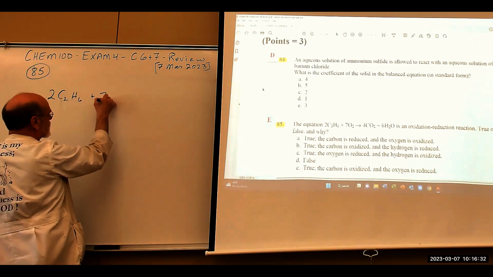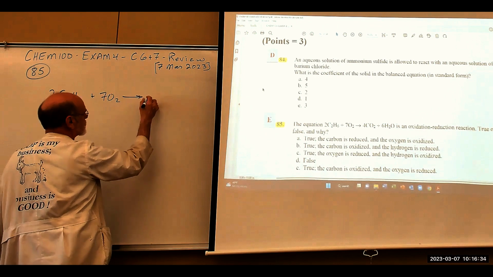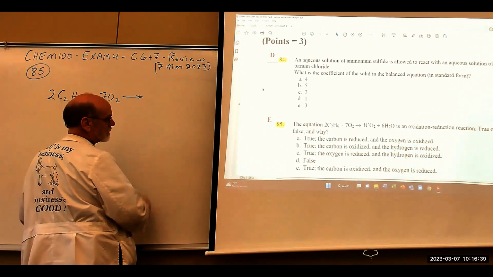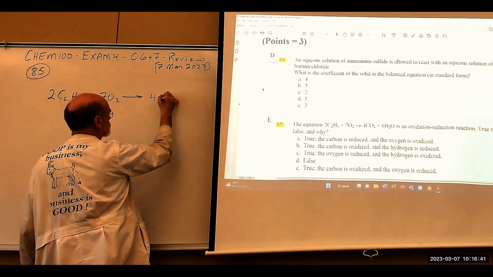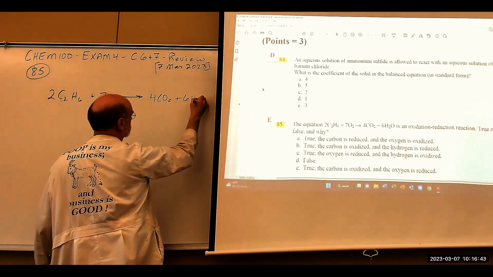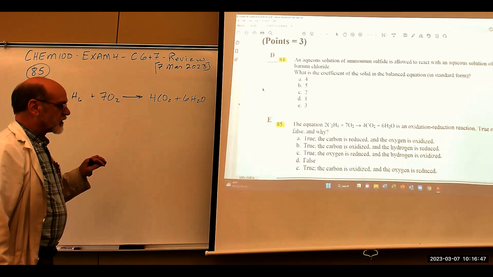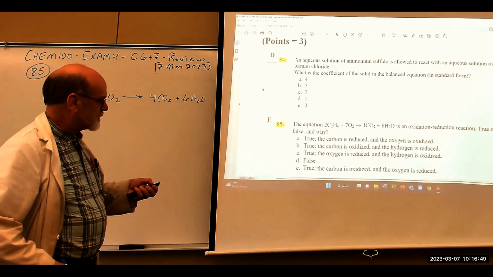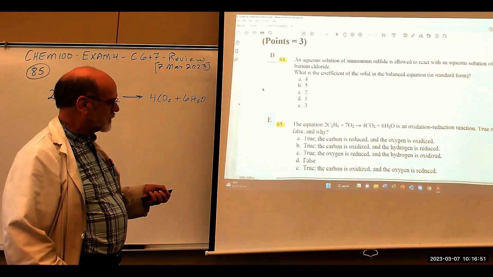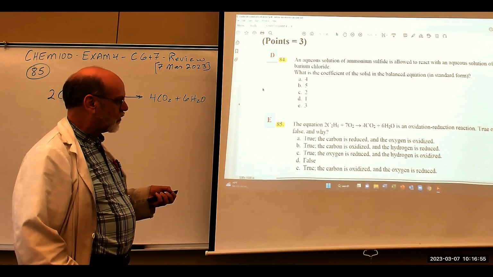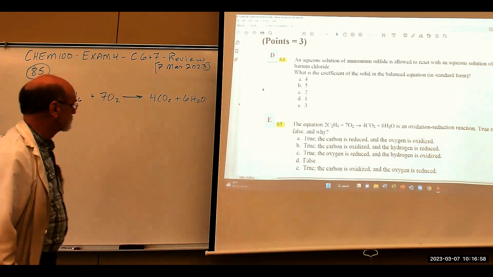C2H6 plus 7/2 O2 yields 2 CO2 plus 3 H2O. Written with whole numbers, 2 C2H6 plus 7 O2 yields 4 CO2 plus 6 H2O. In order to explain, notice that we've got the choices: carbon is reduced or oxidized. Carbon is oxidized. So let's find out what's happening to carbon first.